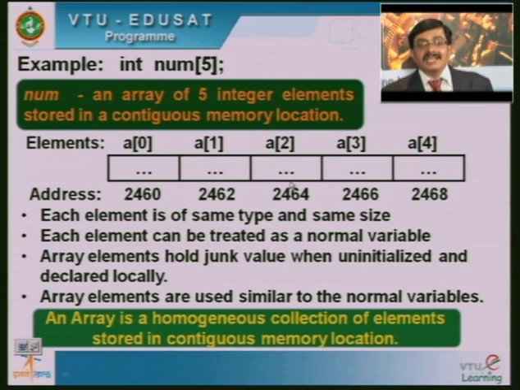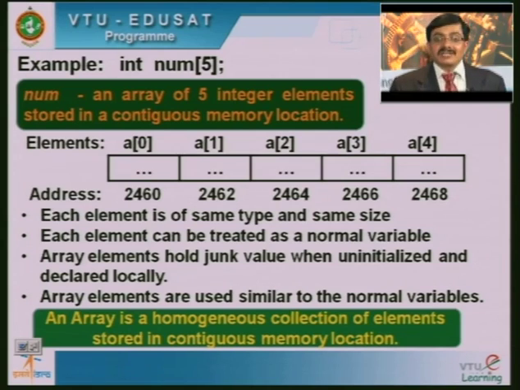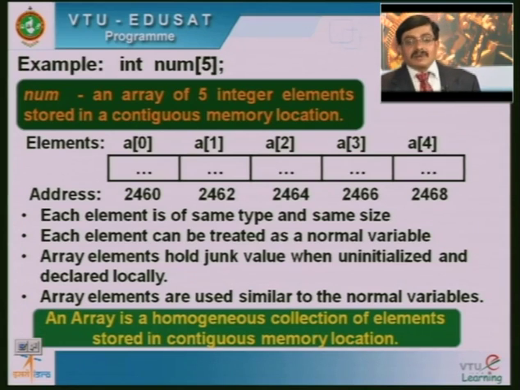If I declare a variable without any initialization locally, within a block, then the default value it holds will be a junk value, sometimes called a garbage value. Whatever memory content is present there will be displayed, and that is irrelevant to our program variable.